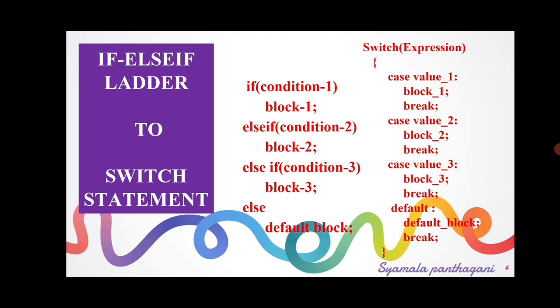There we are writing the condition, and the first block we are going to write in the first case, and second block we are going to write in the second case, and the third block we are going to write in the third case, and the default block we are going to write in the default block. This is the interconversion of else if ladder to switch statement.